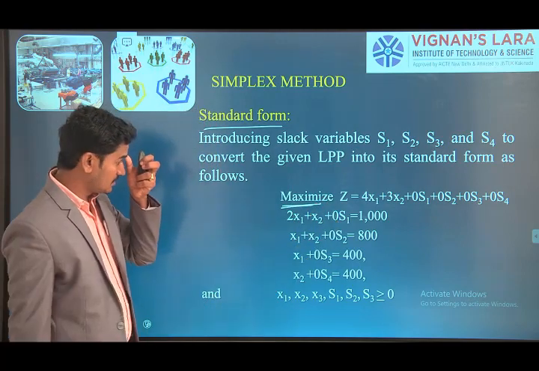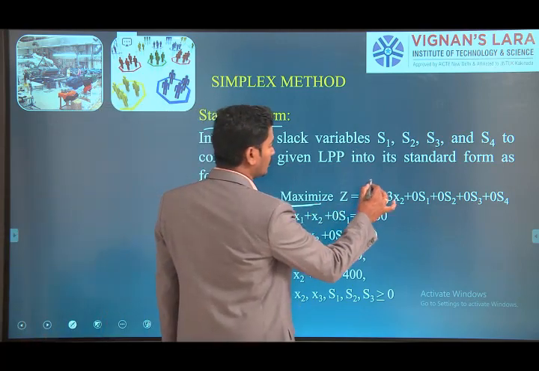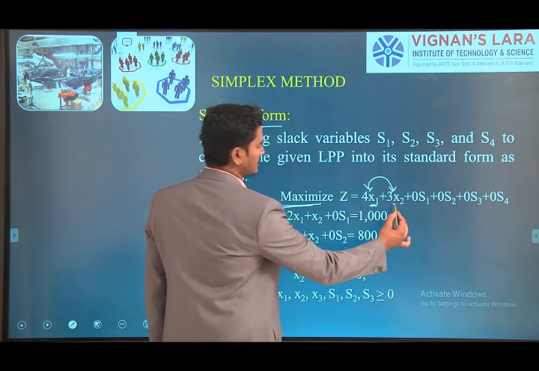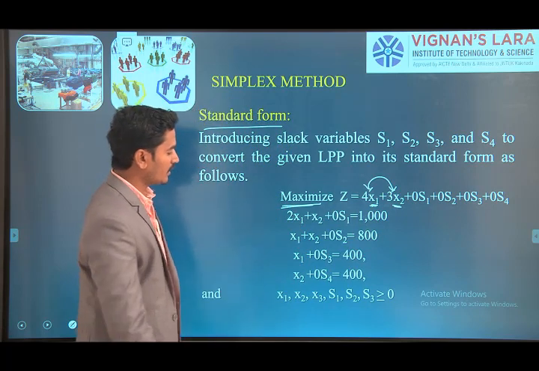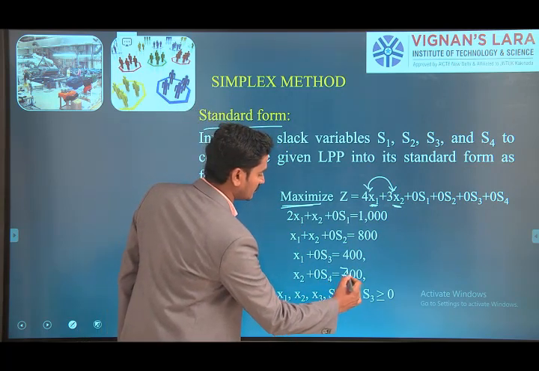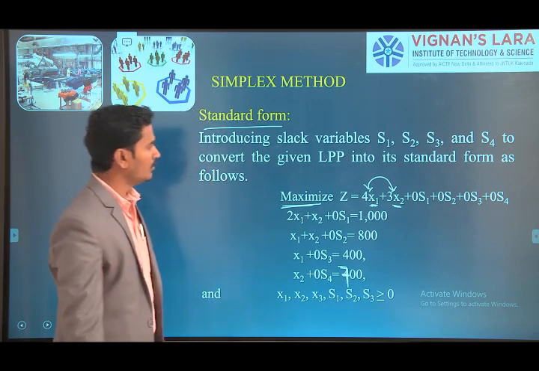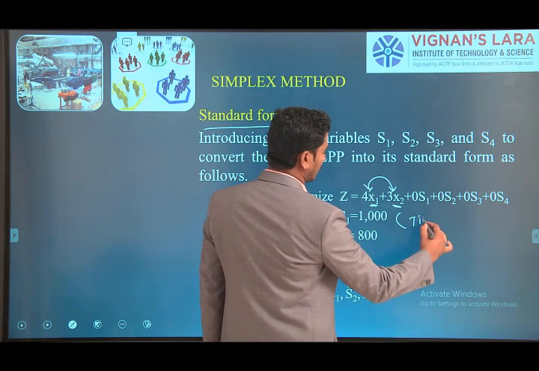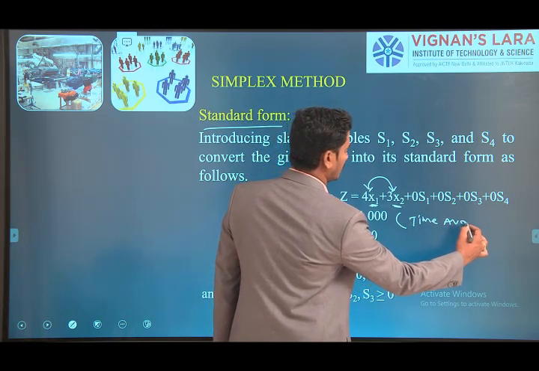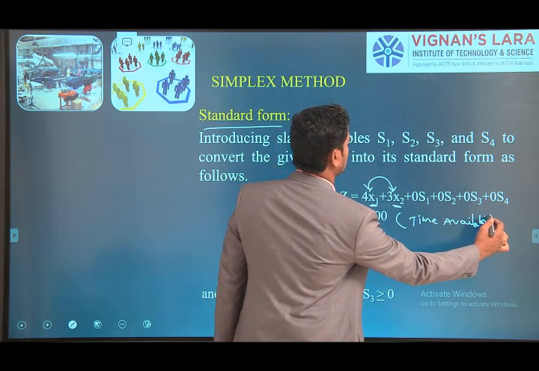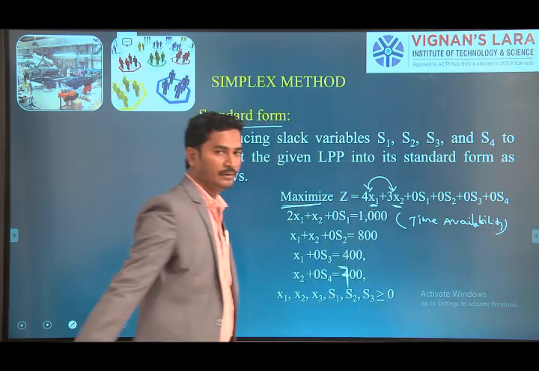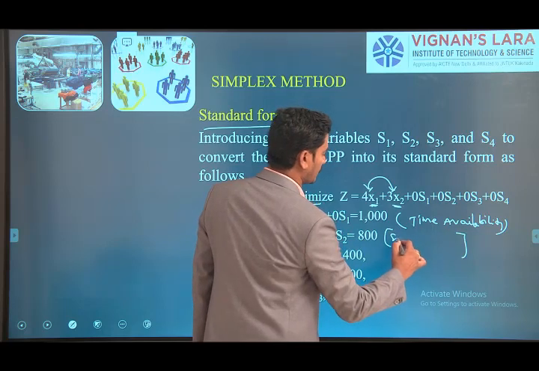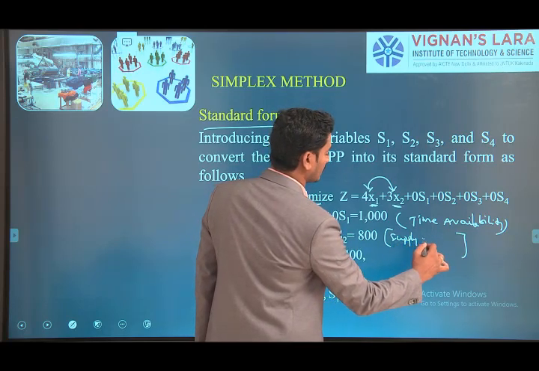We have two variables: x1 is belt A and x2 is belt B. Total we have 4 constraints. Constraint 1 is time availability. Next, the second constraint is supply of leather.